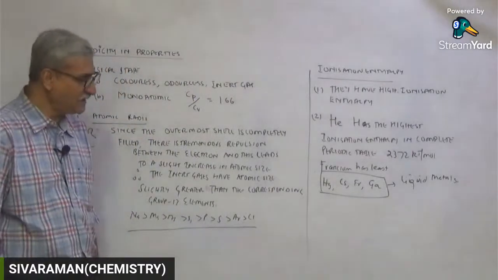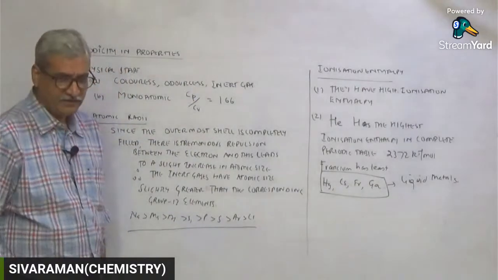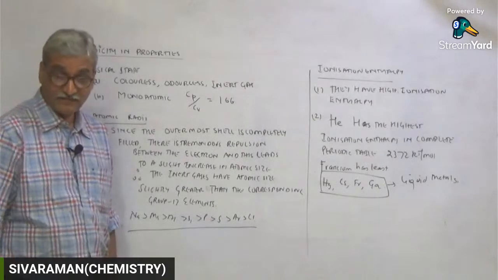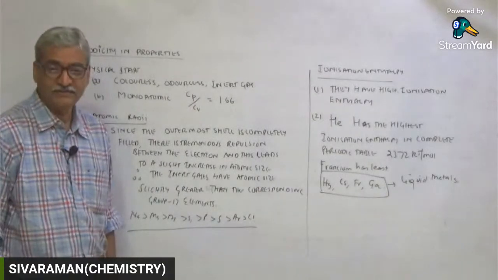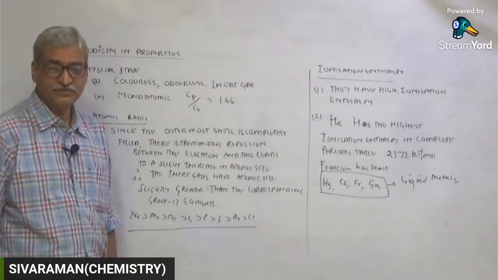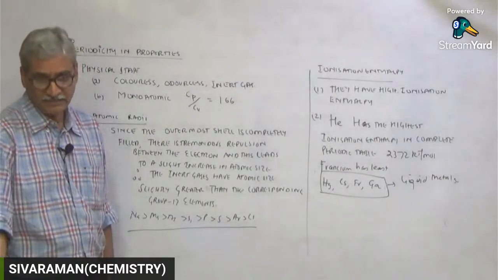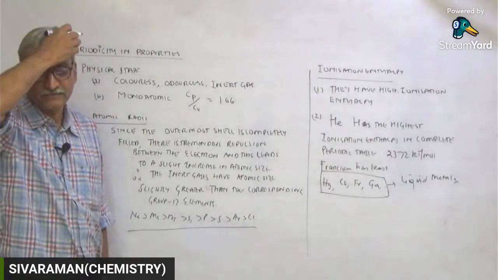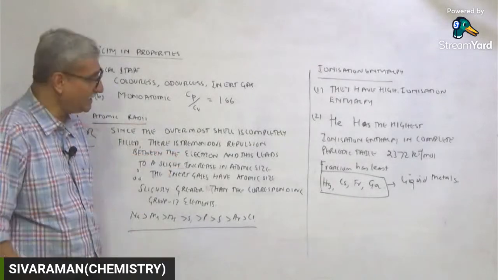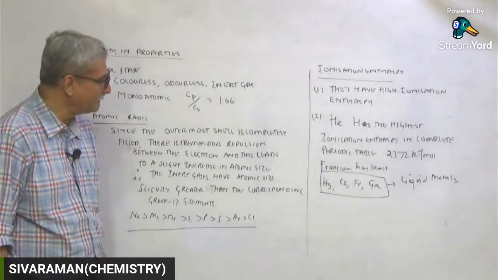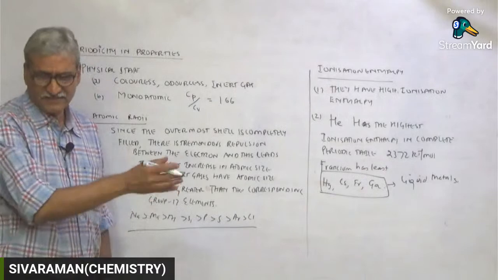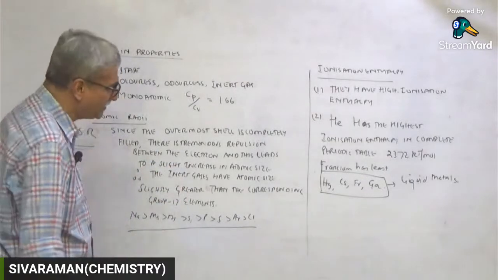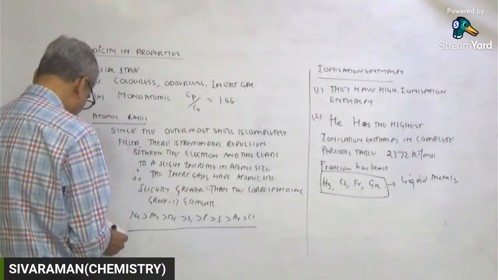You are only aware of mercury, but remember gallium too. Gallium is used in high temperature thermometers. It melts at room temperature and boils at very high temperature, so it's a liquid metal. These are all important data.